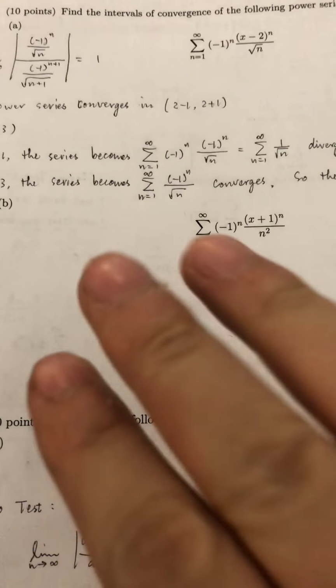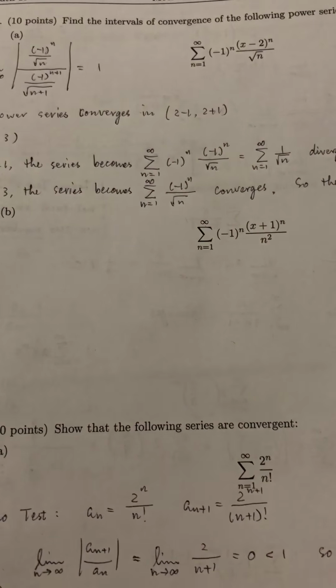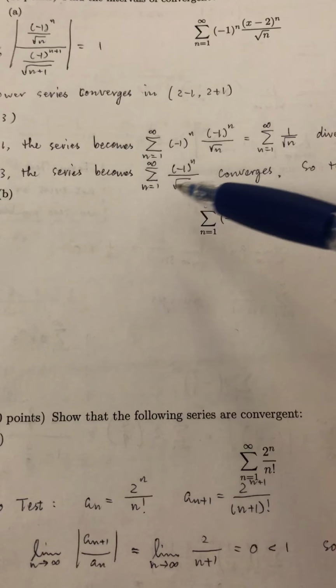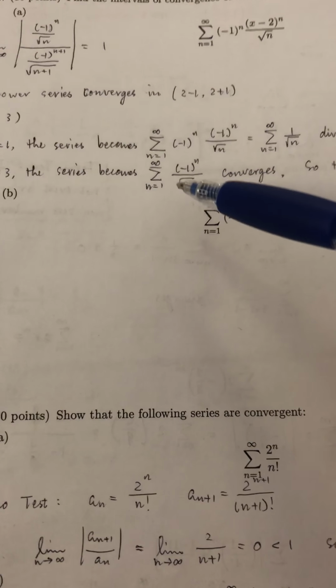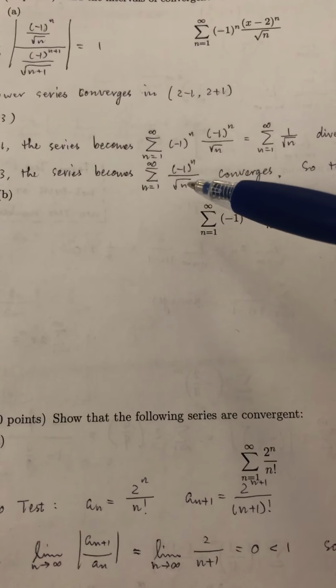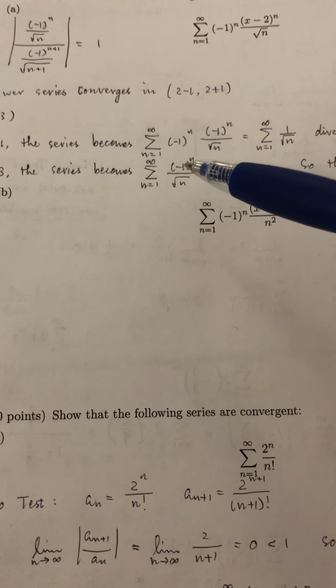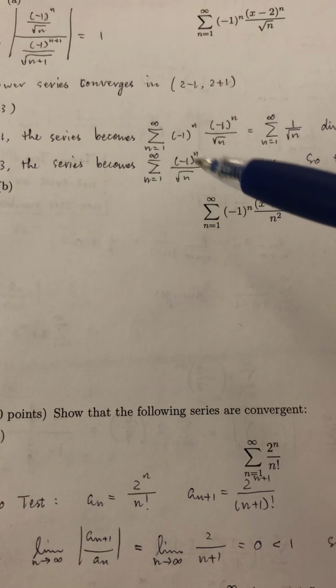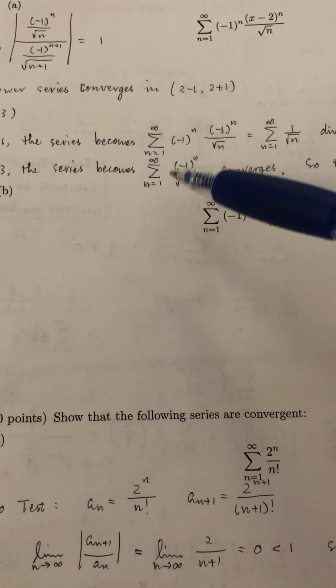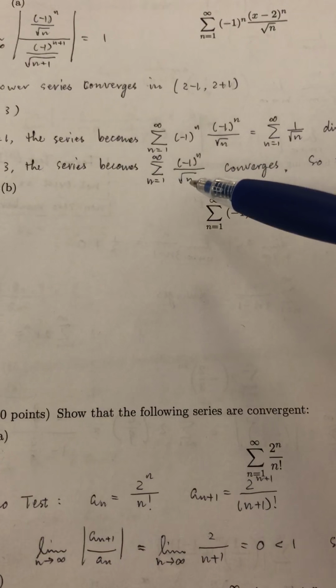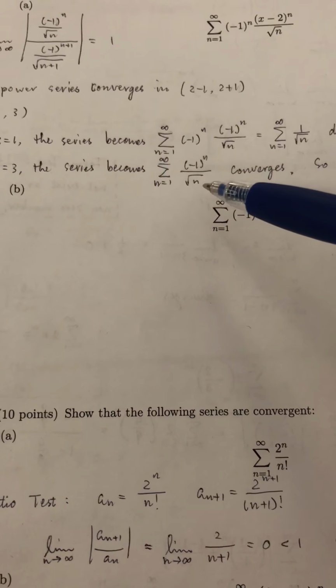All right, 3 conditions. 1, the signs of the terms are alternating. 2, the absolute value of the general term is decreasing. 3, the absolute value of the general term has limit 0.